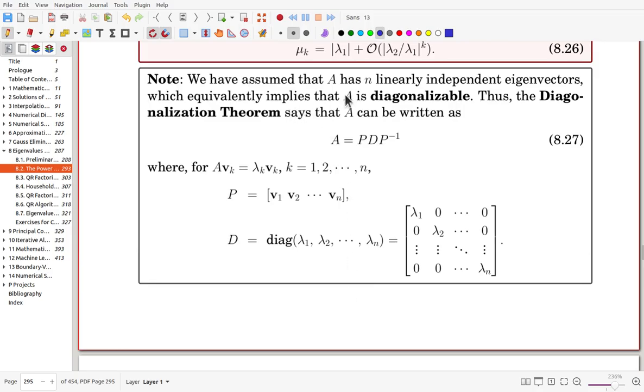We have assumed that A has n linearly independent eigenvectors, which is the same as A being diagonalizable. That means that A can be written in this form: A is P D P inverse, where P is the collection of eigenvectors, and D is the diagonal matrix having the eigenvalues.